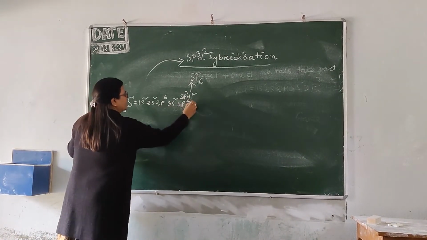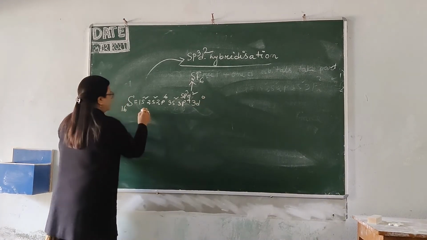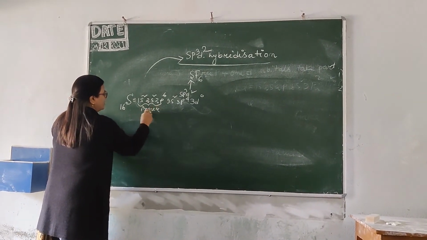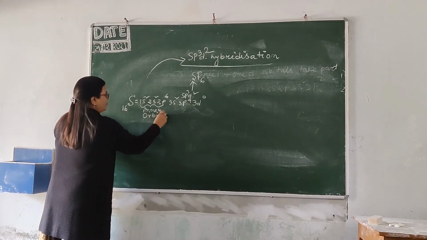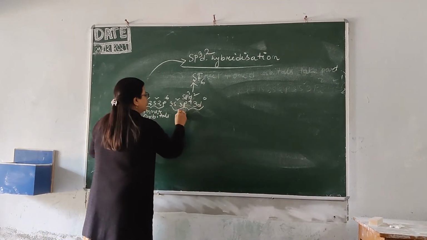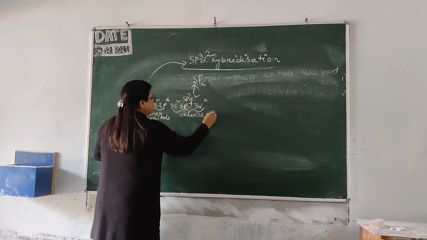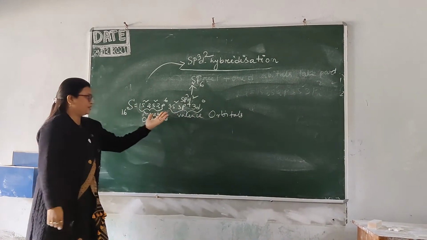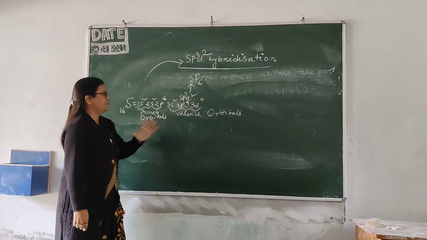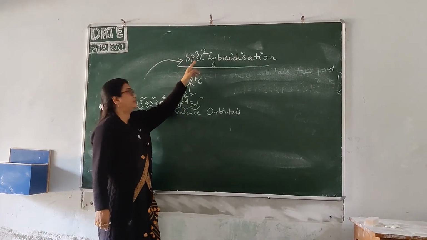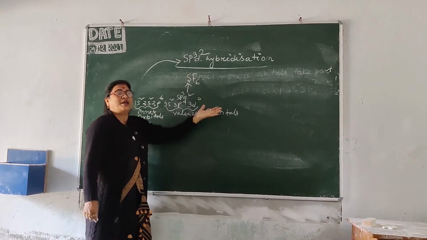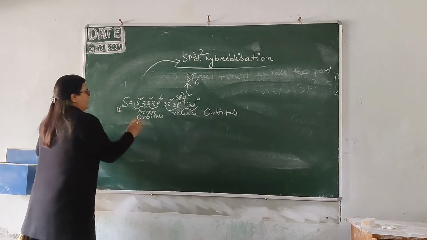Then again 3d is vacant. These are the inner orbitals of sulfur atom. These are the valence orbitals of sulfur atom. The hybridization takes place between these orbitals. That means sp3d2, where 1s and 3p and 2d will combine to form the 6 sp3d2 hybrid orbitals.